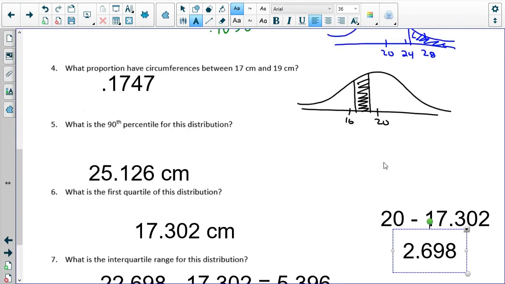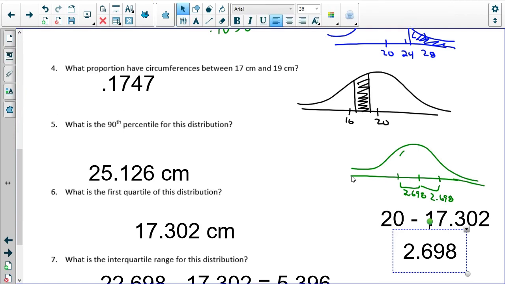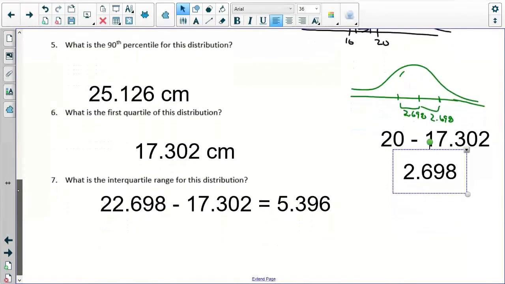So if I'm looking at the graph, the first quartile is 2.698 away from the center. So here's the first quartile. This distance is 2.698, which means the third quartile is also going to be 2.698 away from the center. And so that's just logically what's happening.